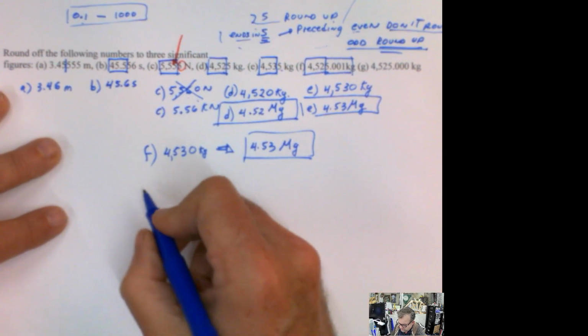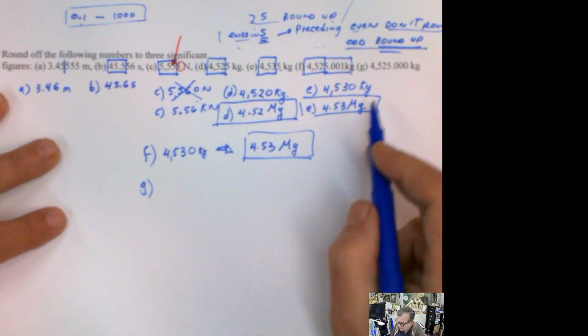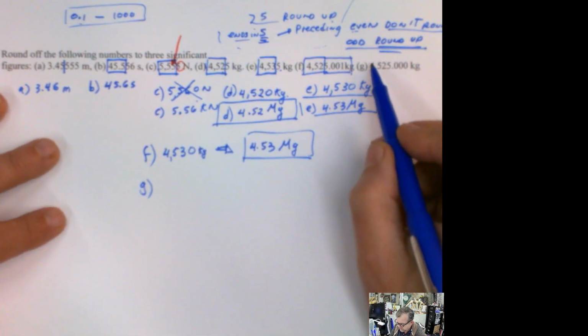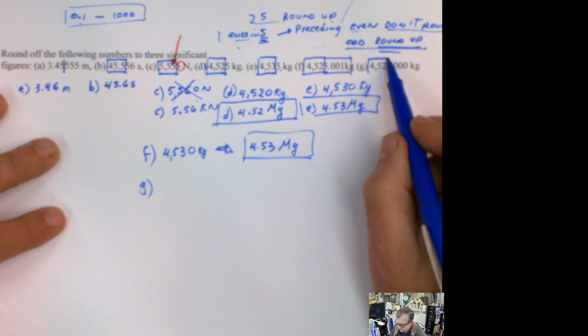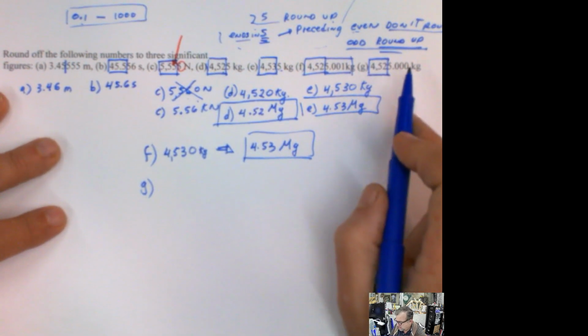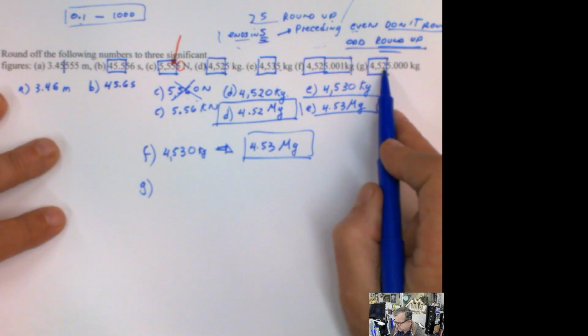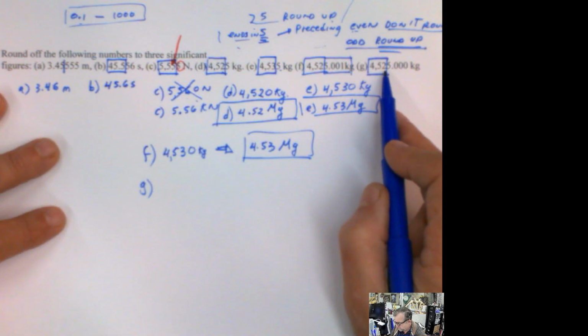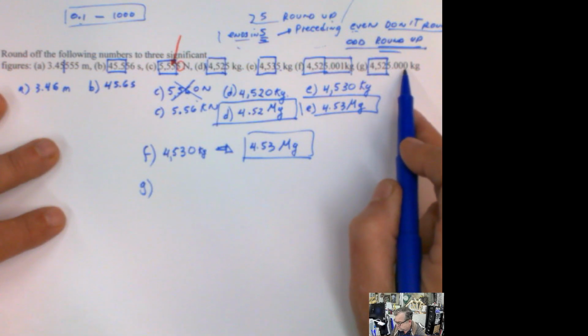And the last one for this part is G. Now we go for G. And the number that we have is this one here. Once again, you box whatever significant figures you need, which are those, and then you look at what comes after the third significant figure, and it's 5.000.